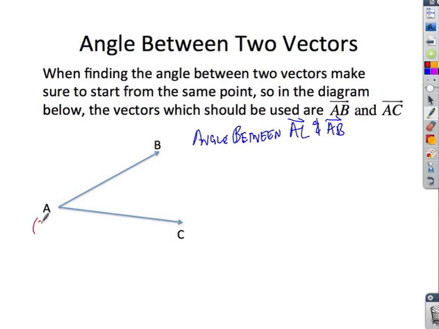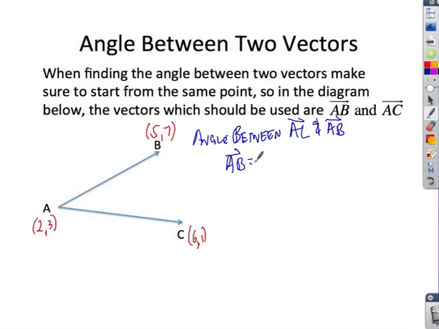Anyway, let's just put some points to these. We'll call A, we'll say it has coordinate 2, 3. B has coordinate, we'll say 5, 7. And C, for example, might have coordinate 6, 1. And obviously this can be done in 3 dimensions as well. So what we'd first want to do is find vectors AB and AC.